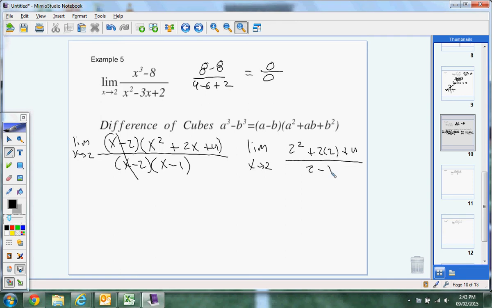Okay, so then we have 4 plus 4 plus 4. We get 12 over 1, so our limit is 12. And again, that's not continuous because there's a hole there. But it does approach 12 from the left and the right.